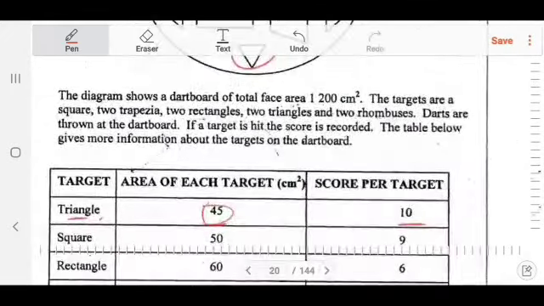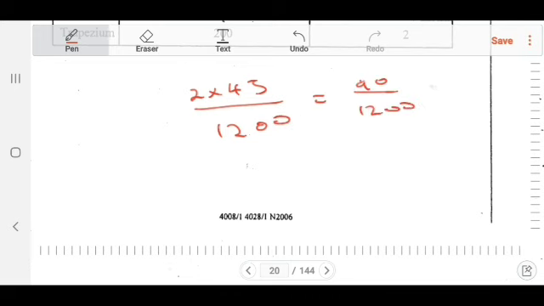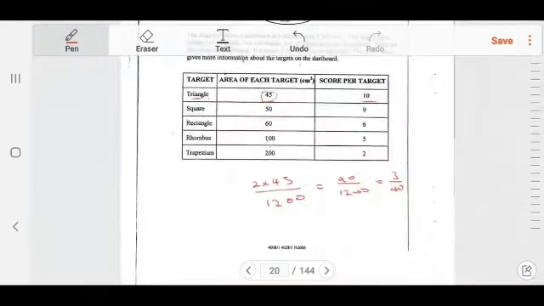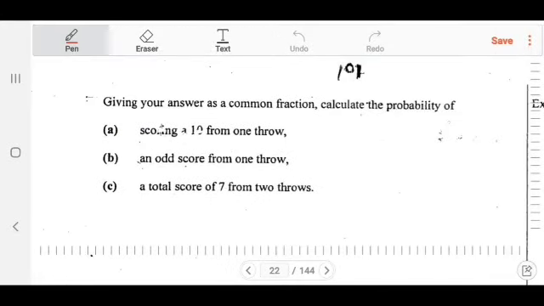So the probability is 2 times 45 over 1200, which is 90 over 1200, which is equal to 3 over 40. So this is A. Let's check B. B says the probability of an odd score from one throw.